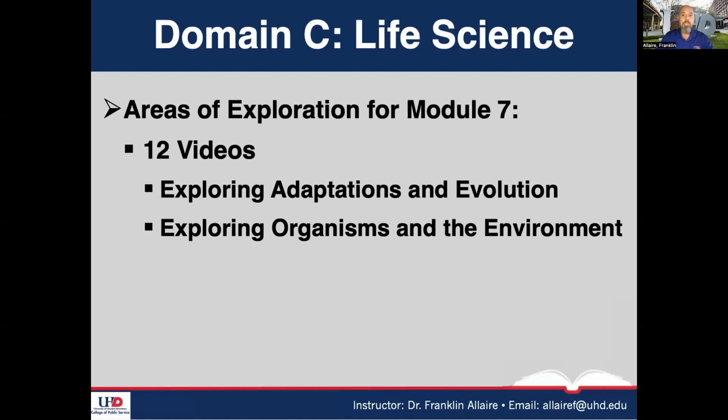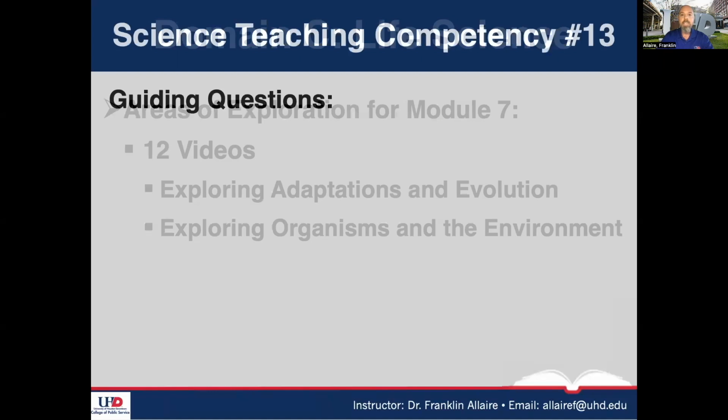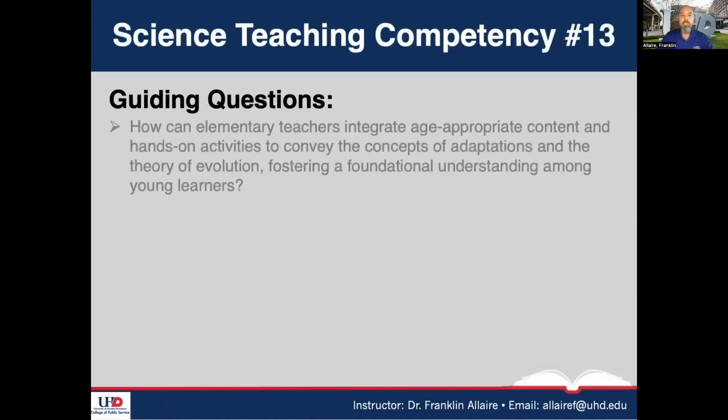Video topics in this module include adaptive characteristics of organisms, natural and artificial selection, ecological relationships, food chains, and food webs. As you make your way through this module, we'd like you to keep in mind the following guiding questions.